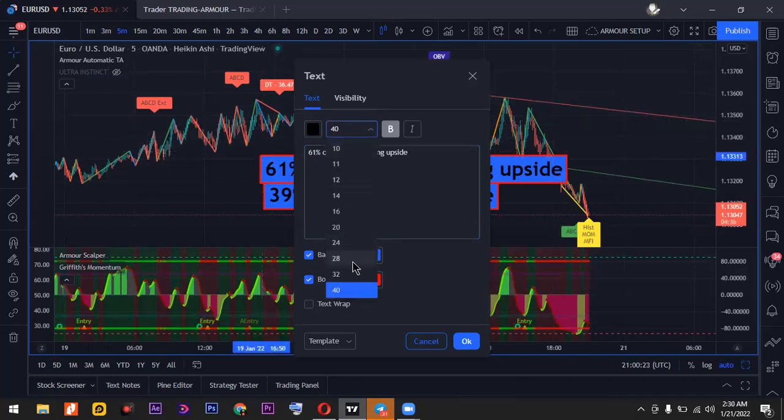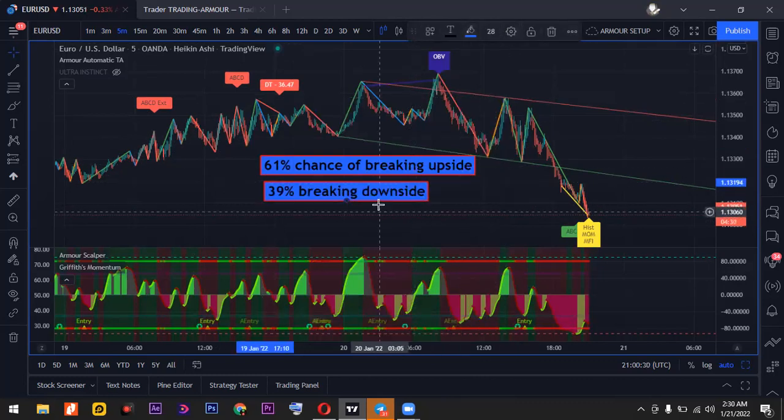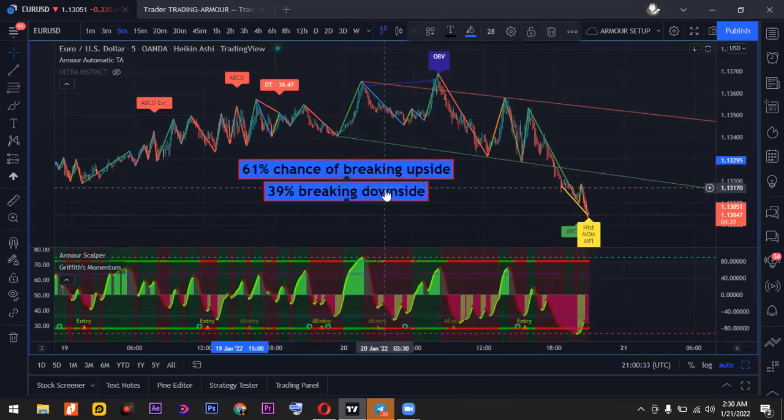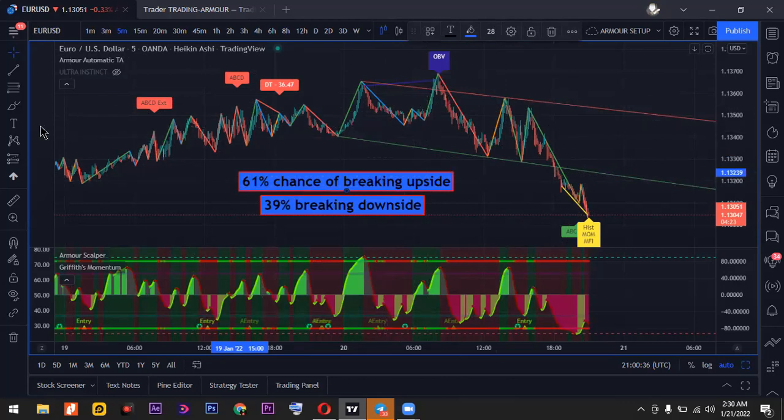Let's make it smaller. So the falling wedge works like this. What we need to do is catch this breakout. So we need to watch if these candles go below this green line, we short.